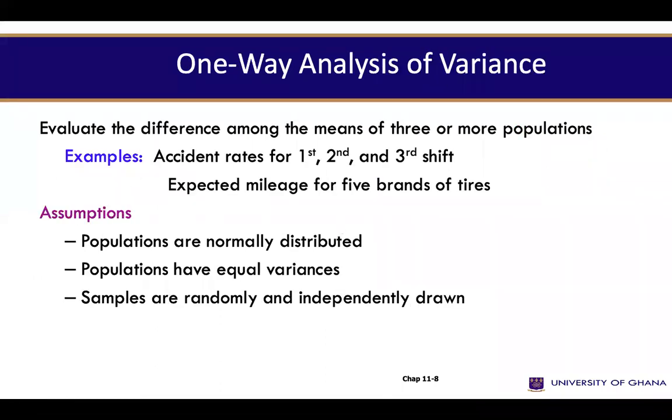We've already talked about the assumptions: populations are normally distributed, populations have equal variances, and the samples are randomly and independently drawn. So basically, the analysis of variance is going to test whether there's a difference among three or more populations. For example, accident rates for the first, second, and third shifts, or whether there's a difference between the mileage of four brands of tires.